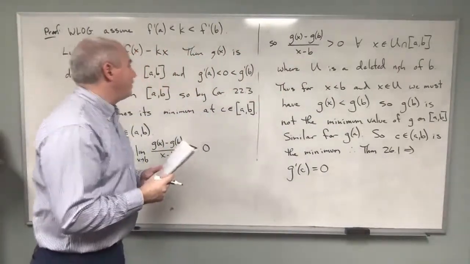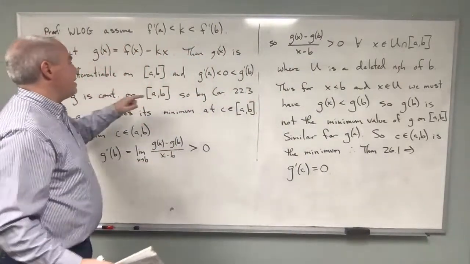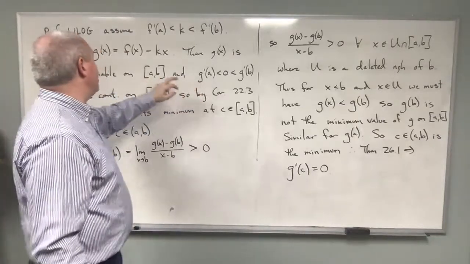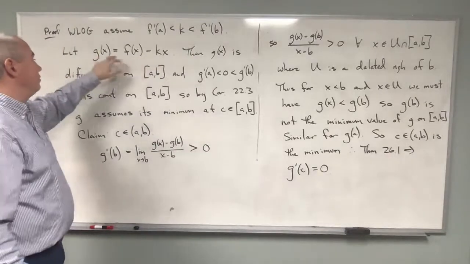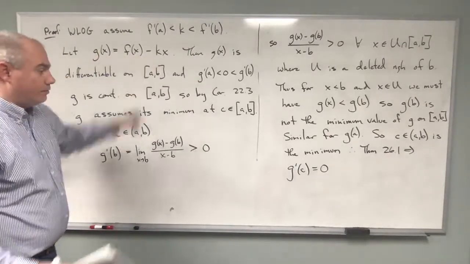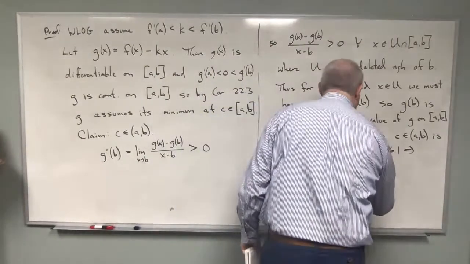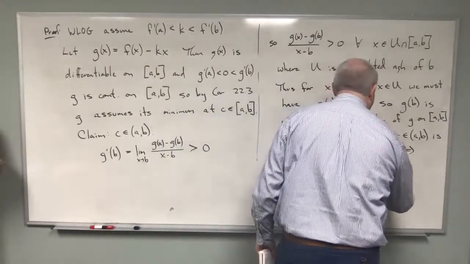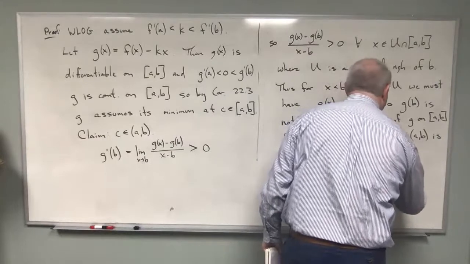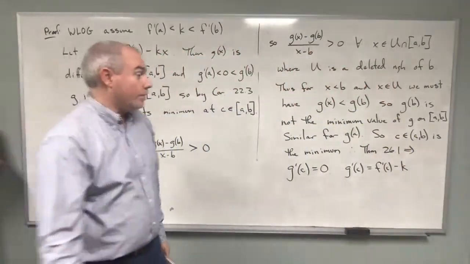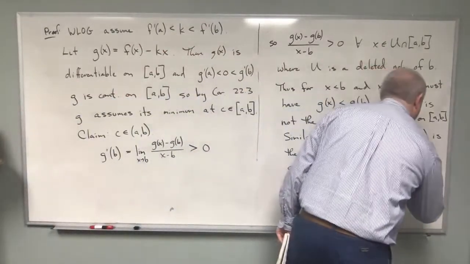So we have that there is a C in between A and B where the derivative of G, which was this function, is 0. G prime of C is equal to F prime of C minus K, and we know now that that's equal to 0.